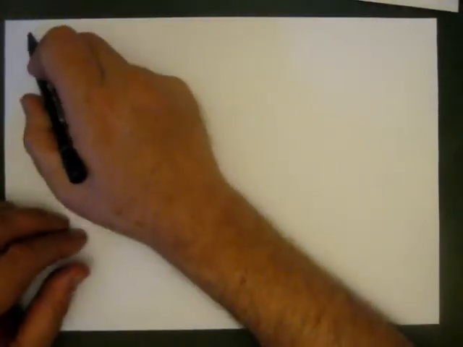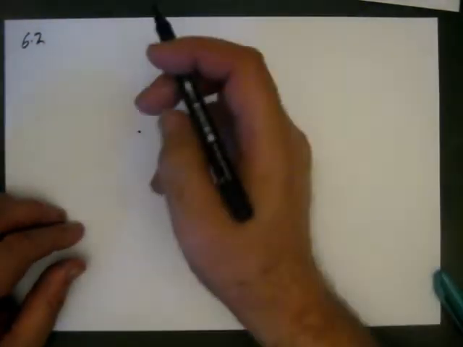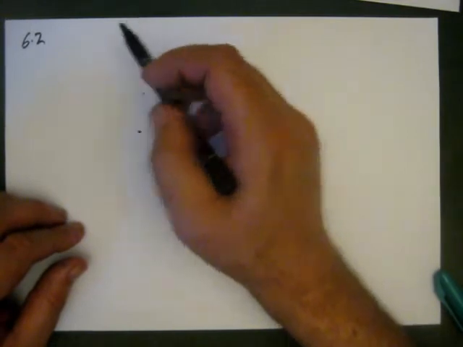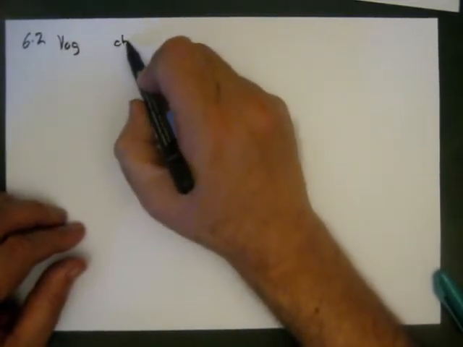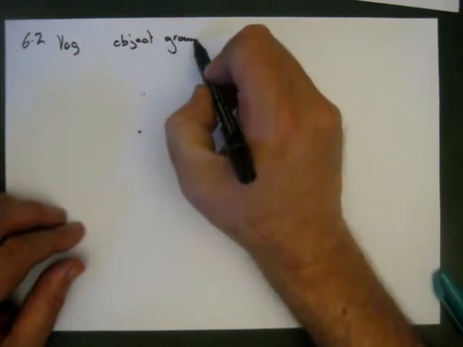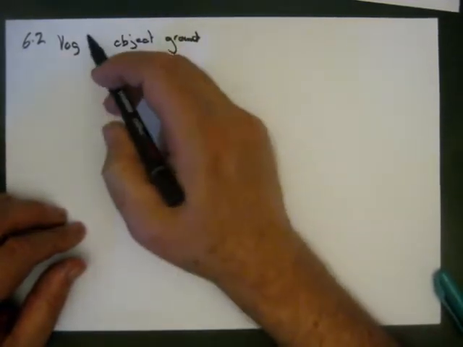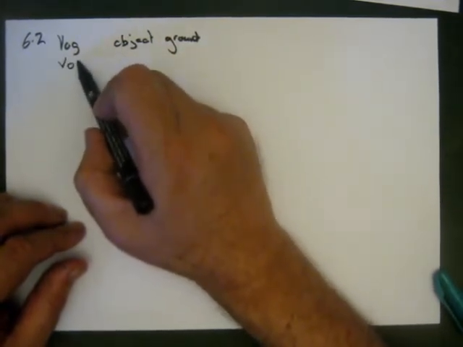This is section 6.2. So we're going to set up the velocity of the object relative to the ground. We're going to set up some terms. VOG, object, ground. Velocity, object, moving system.